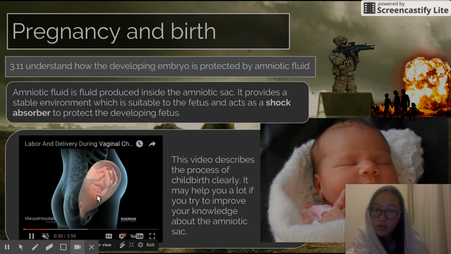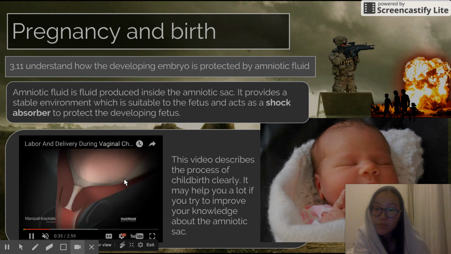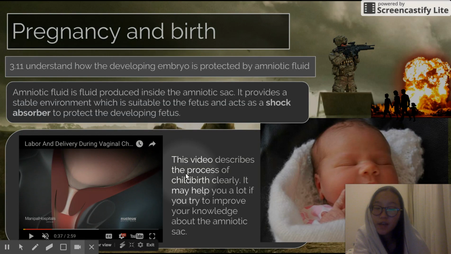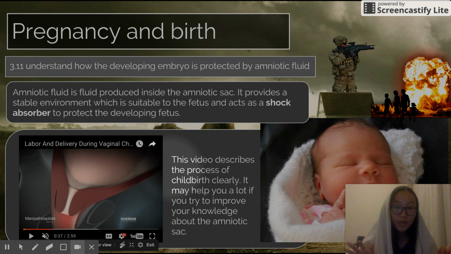As you look here, the uterus is designed with a muscular wall, first because it has to be extended, and second because in the case of childbirth it has to squeeze the baby and release the baby through the vagina.